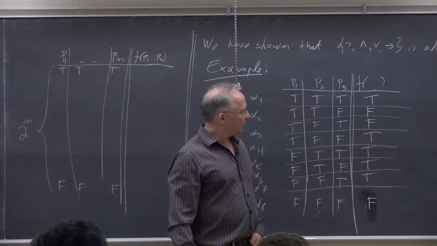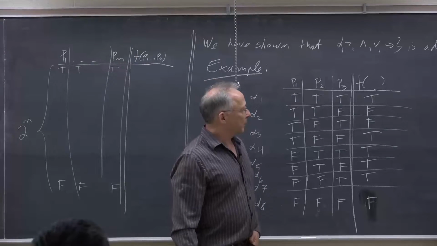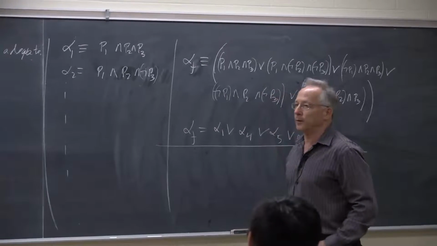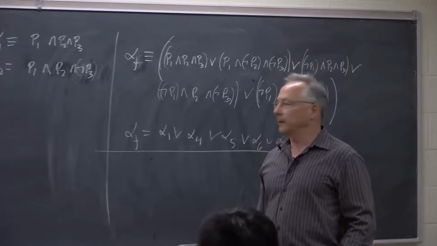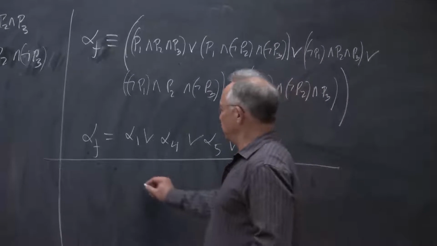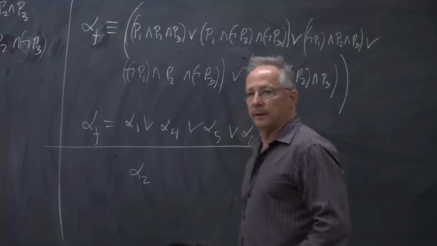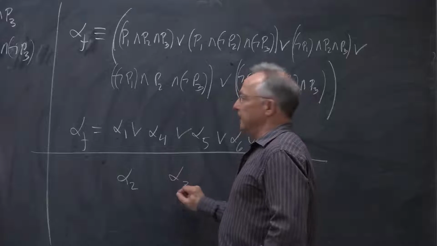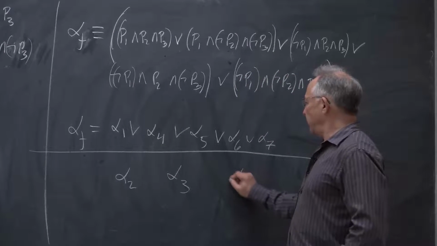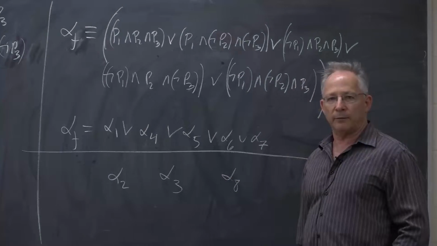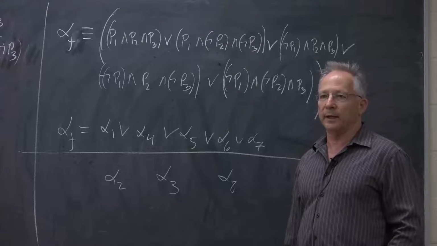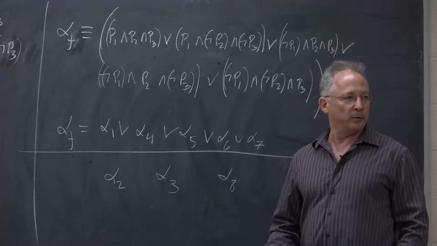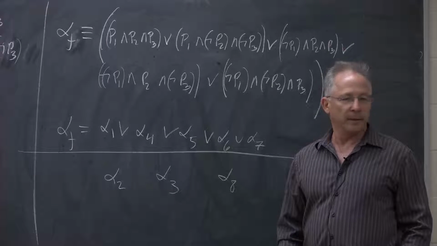So what am I going to say? So if I take, another way of describing the same f, another formula that will describe the same f, is going to say, I will take alpha 2, which is an f, and I will take alpha 3, which is an f, and I'll take alpha 8, which is an f, and I want to say, I will be true if I'm not in any of those, right?